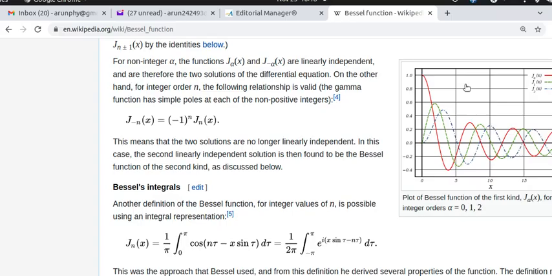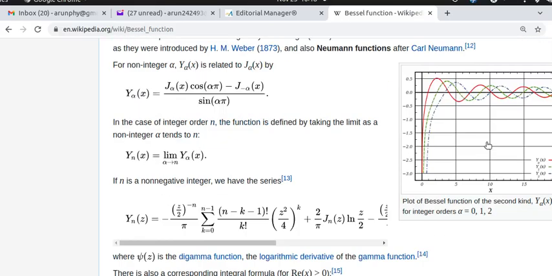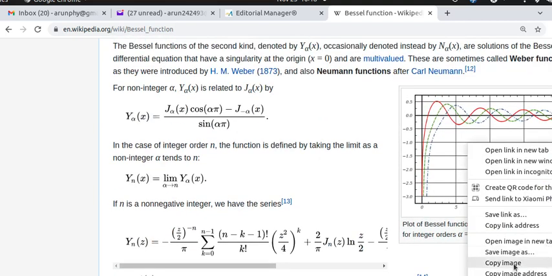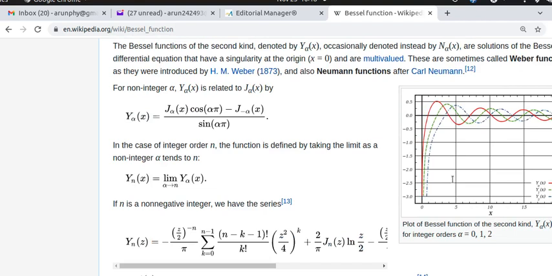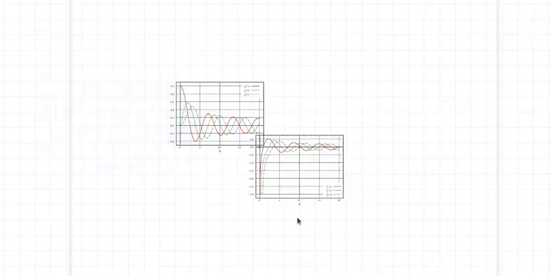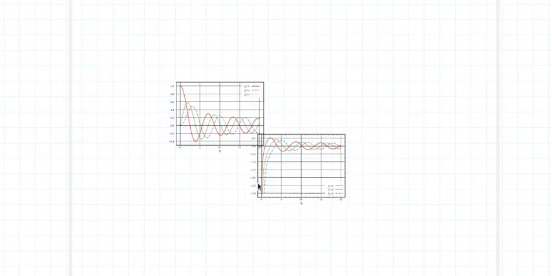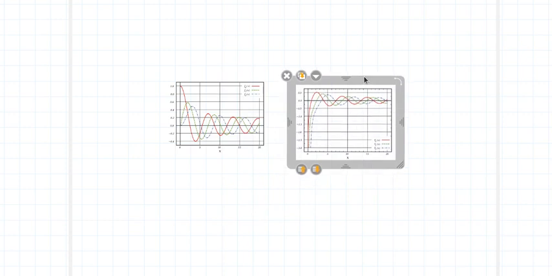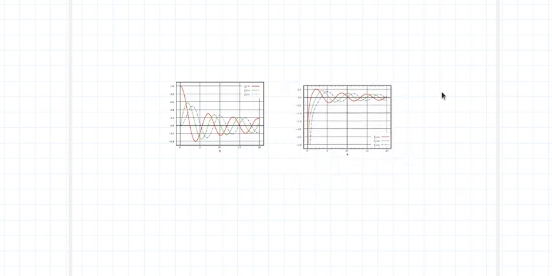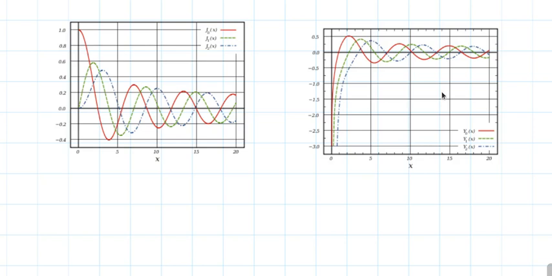Yeah, it's the second kind. So it's a Bessel function of first kind, and this is the second kind.